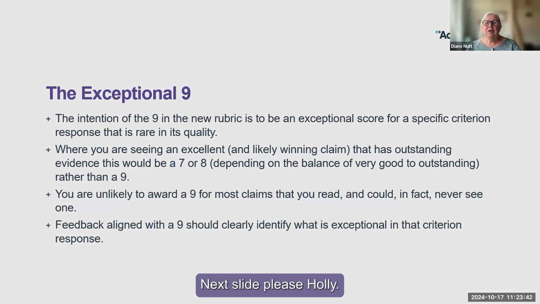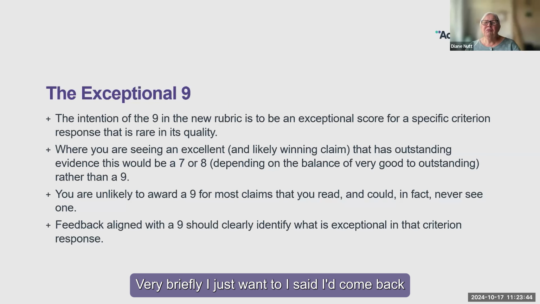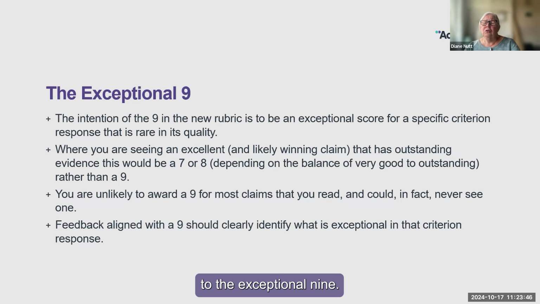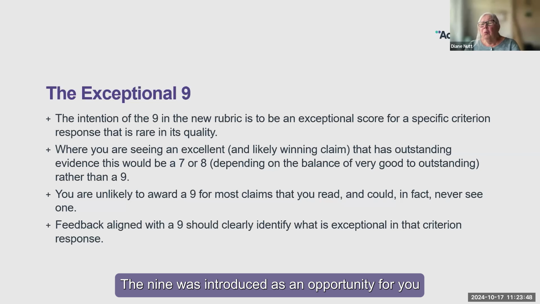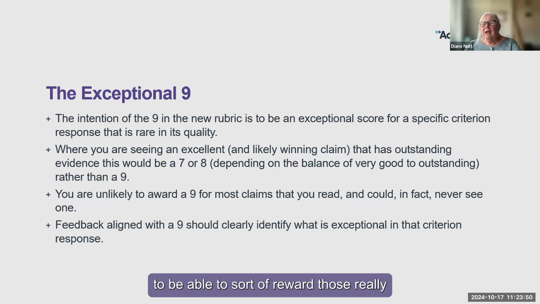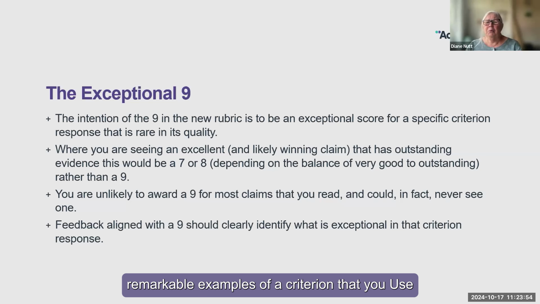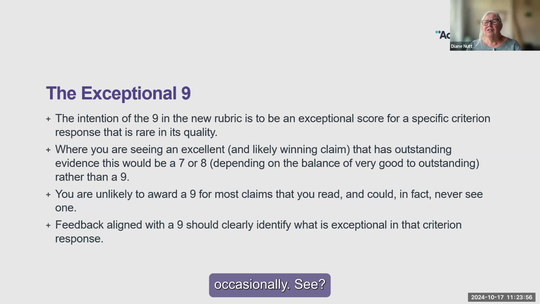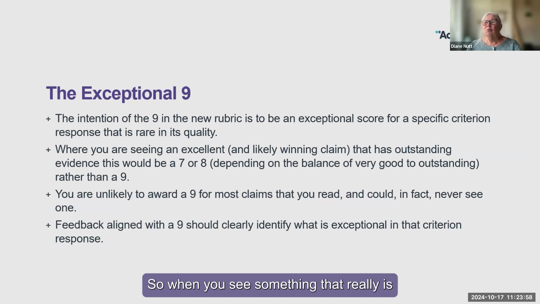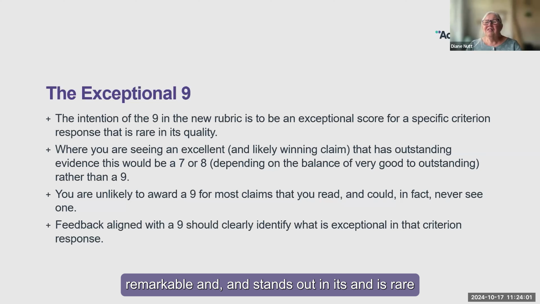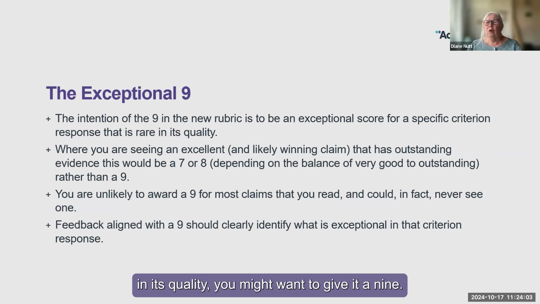Next slide, please, Holly. Very briefly, I just want to come back to the exceptional 9. The 9 was introduced as an opportunity for you to reward those really remarkable examples of a criterion that you occasionally see. So when you see something that really is remarkable and stands out and is rare in its quality, you might want to give it a 9.